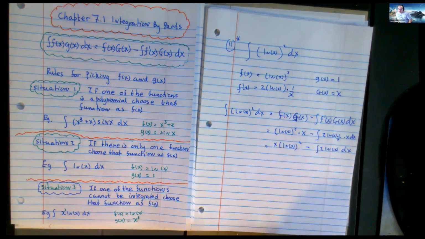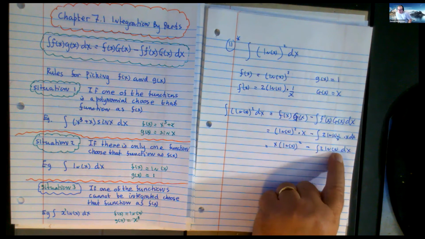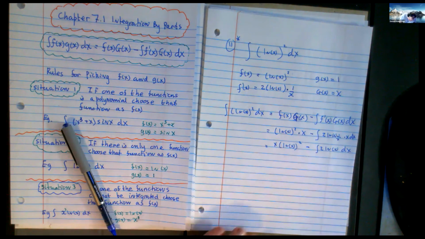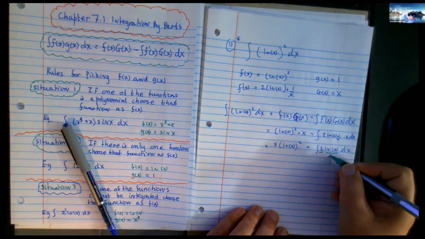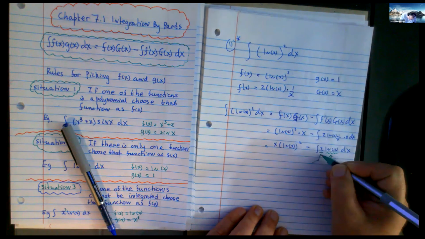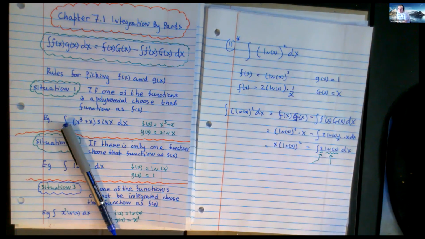Okay. Would you agree that I will have to do integration by parts one more time? To get this piece, I'm going to have to do integration by parts. Here are my 2 pieces. Which one of those 2 in the 2 log x is going to be my f of x?